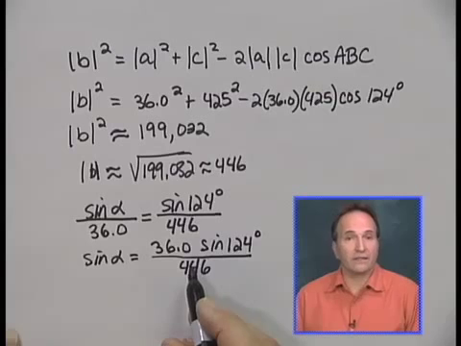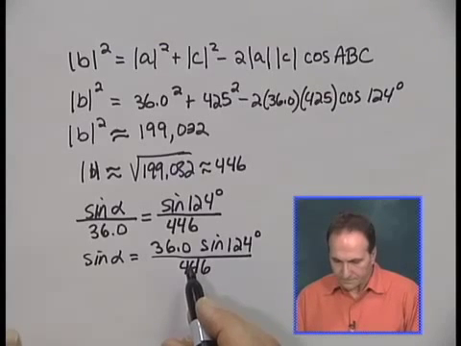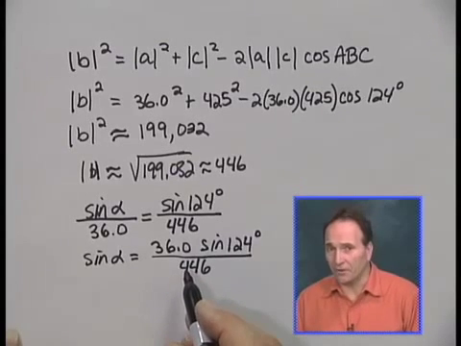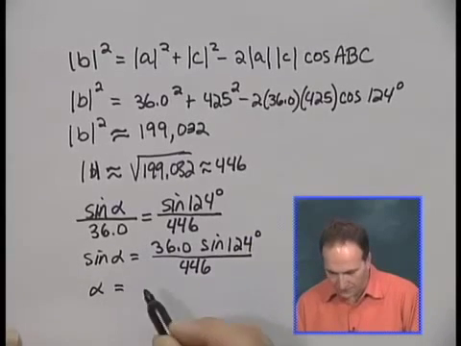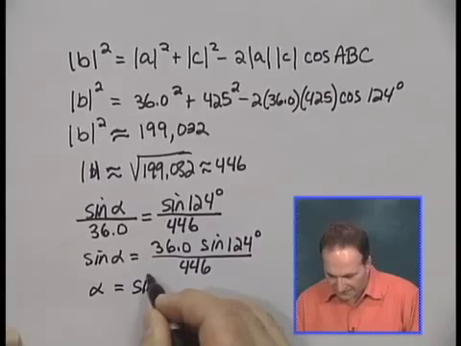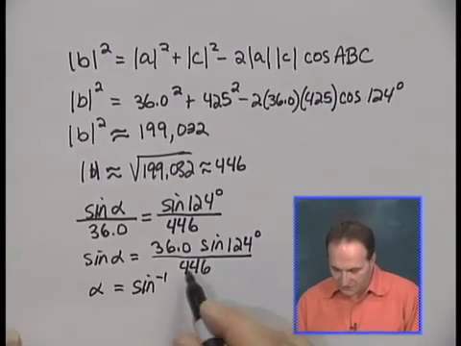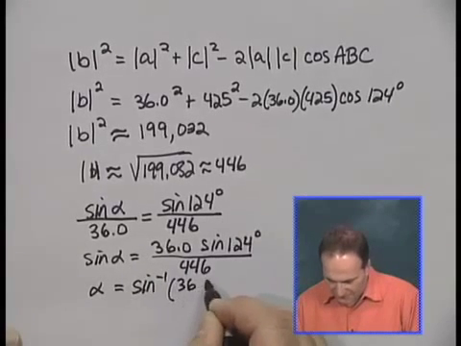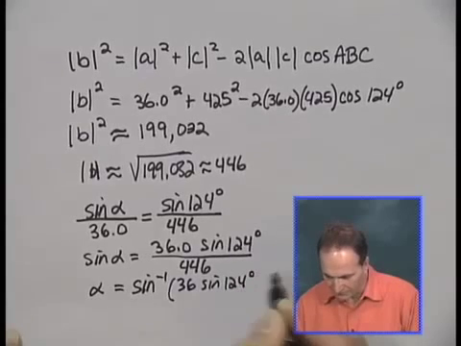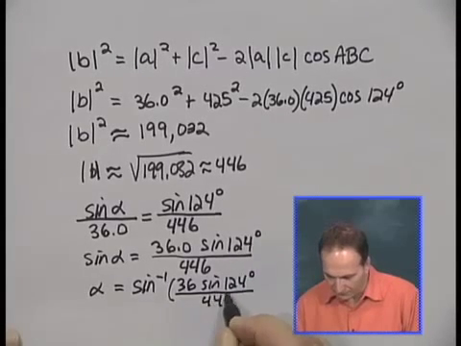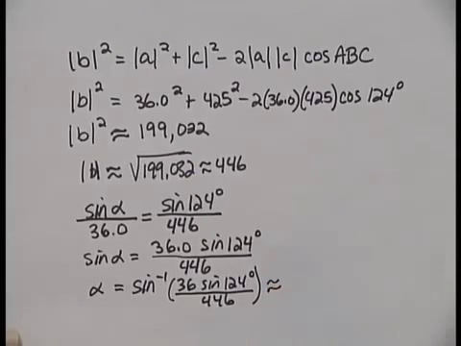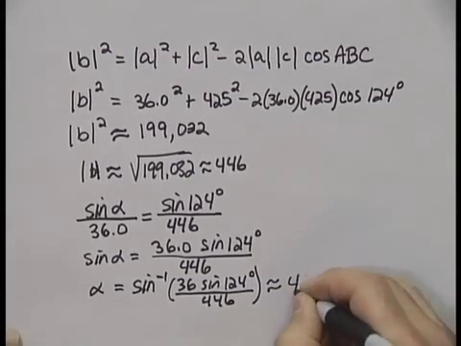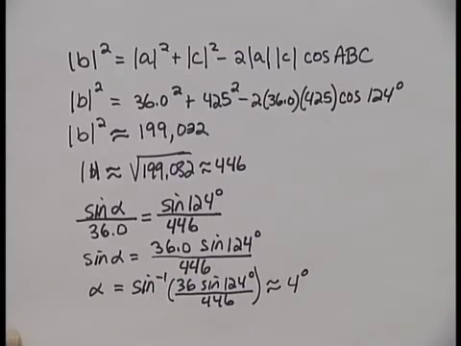Evaluating this on the calculator and using the inverse sine function, alpha equals the sine inverse of 36 times the sine of 124 divided by 446, which is approximately 4 degrees.